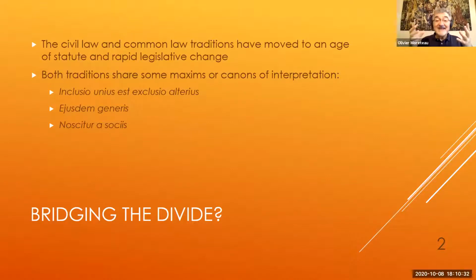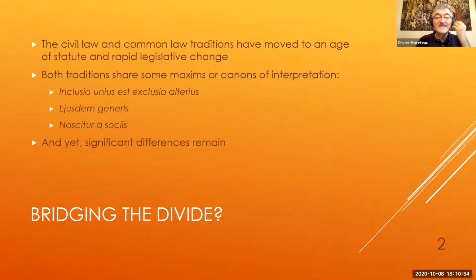But does that mean that because we are at an age of statute everywhere, all over the place, and share a few canons of interpretation, we should conclude: don't look for difference, Professor Moreteau, don't make our life more complicated, focus on what is the same?